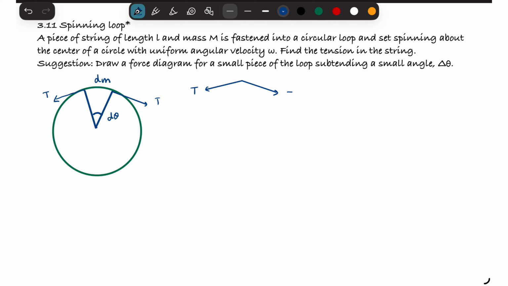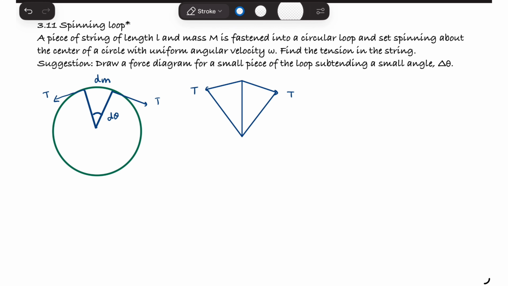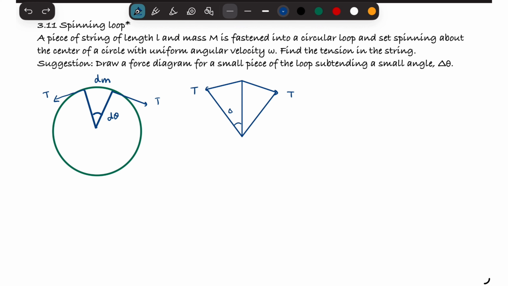So this is T, and then you have a straight line radius. So this is d theta by 2, and this is d theta by 2.